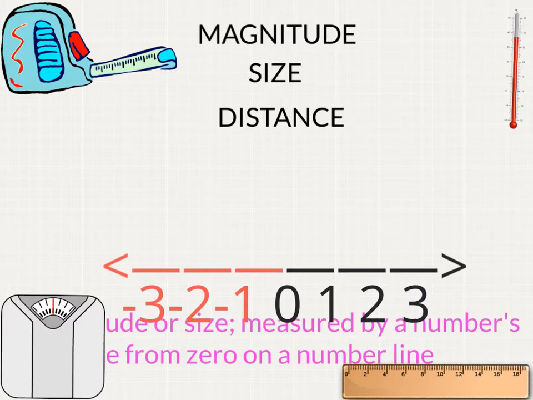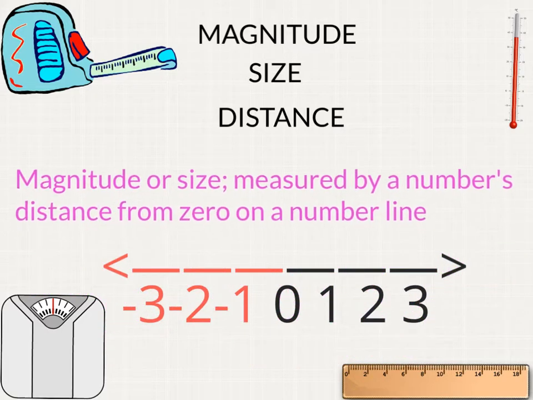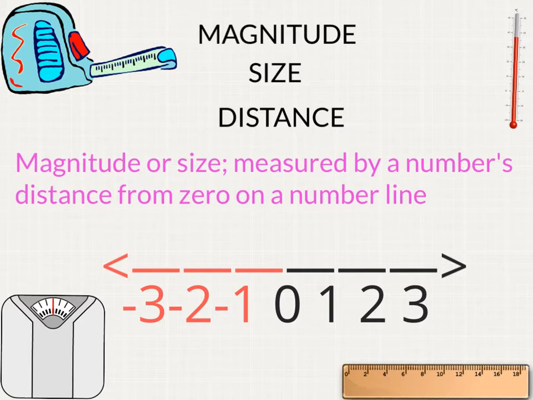Now, you're familiar with measuring with tape measures and thermometers and rulers and scales. Well, in this case, when we want to find the absolute value of a number, we measure that number's size by its distance from zero on a number line. So, absolute value is the magnitude or size of a number.